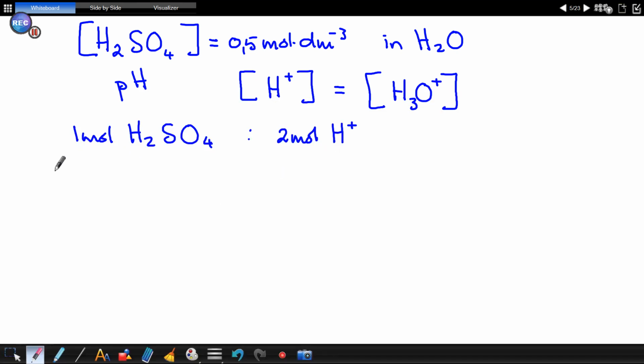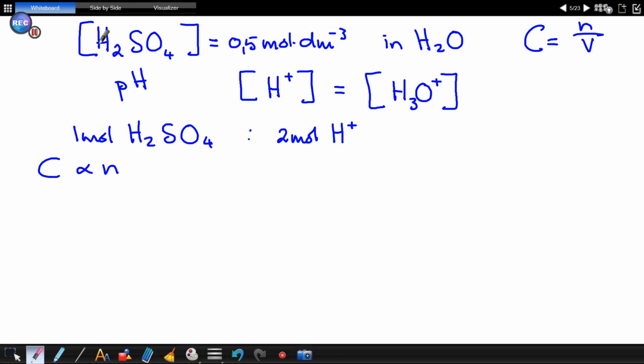Now, concentration is directly proportional to moles because concentration is calculated by taking moles and dividing it by volume. So the volume of the acid and the volume of the hydrogen ions are exactly the same.